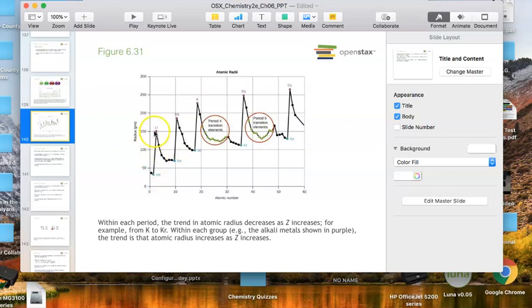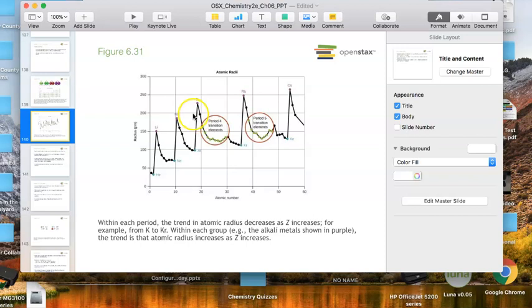Then the next period, you have lithium to neon, and you see a downward trend there. And then sodium to argon, and you see a downward trend there. Just like we said, atomic size decreases as you go from left to right, and that's what we're seeing here, from sodium to argon, from potassium to krypton.